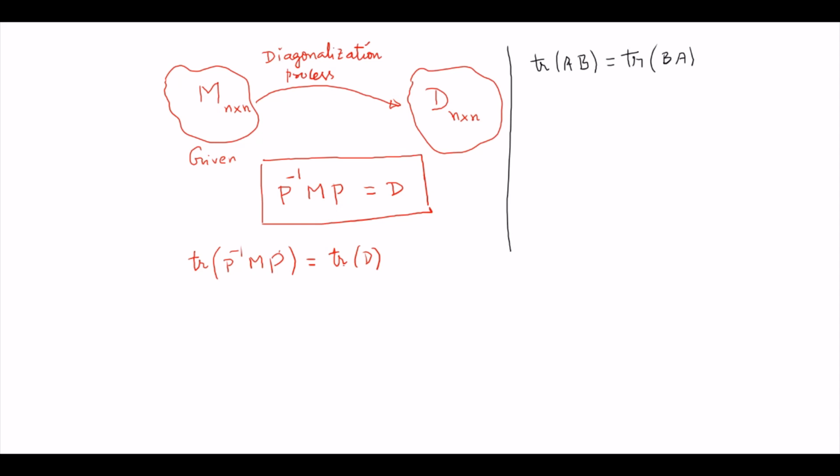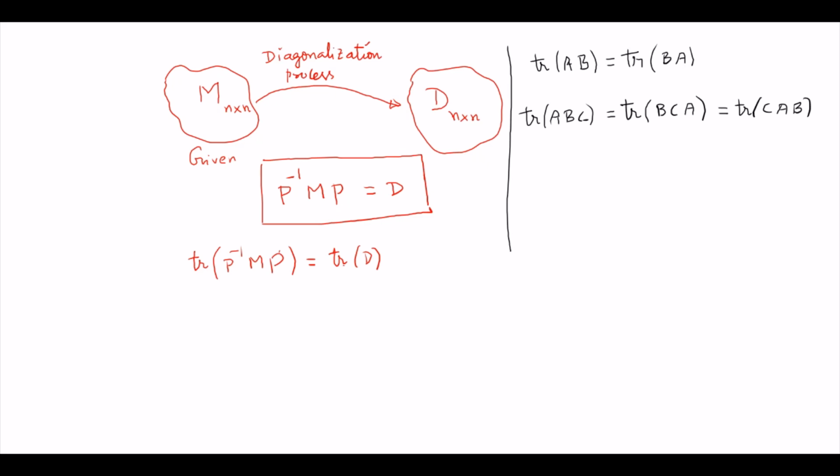The next important property is, if I have three matrices in a product, the trace of ABC can be written as the trace of BCA, and that is equal to the trace of CAB.